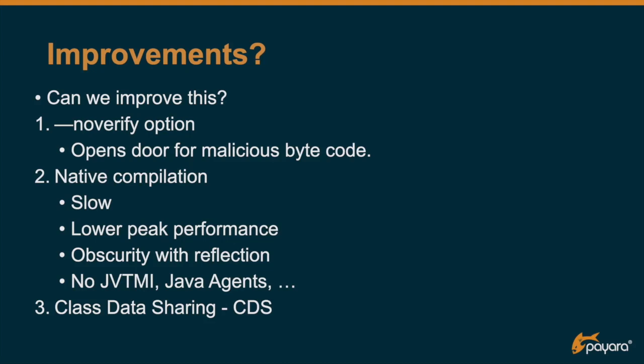The name is a bit confusing, if you ask me, because it's not about sharing data like static variables in classes, but it is that your class information can be shared between different JVMs.